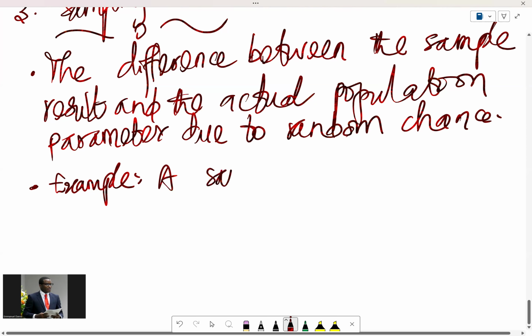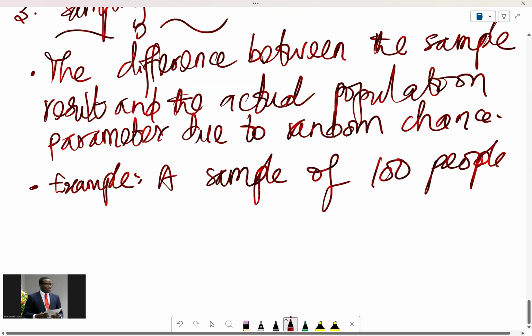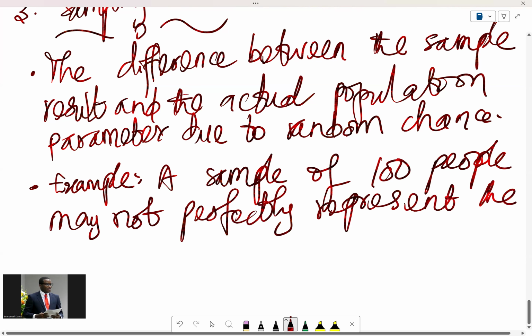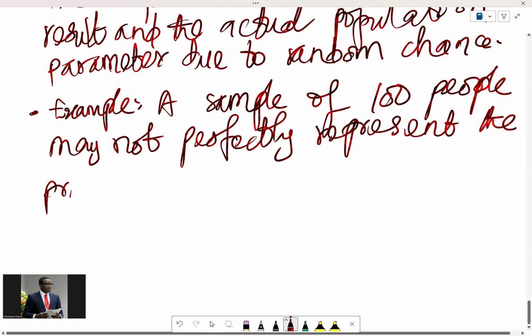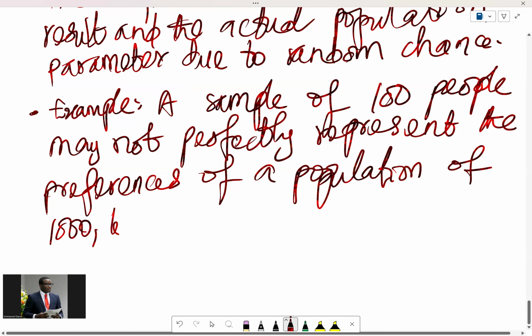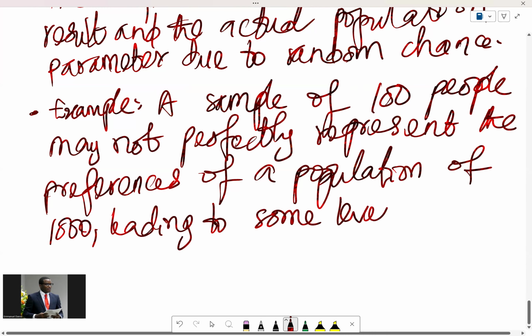So for instance, a sample of 100 people may not perfectly represent the preferences of a population of 1,000, leading to some level of error.